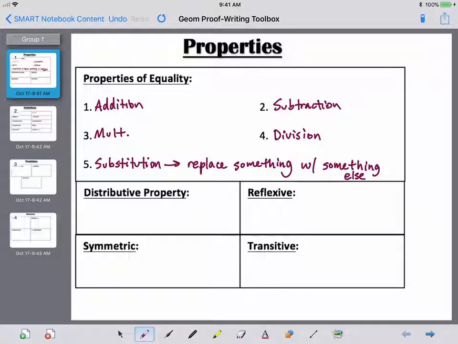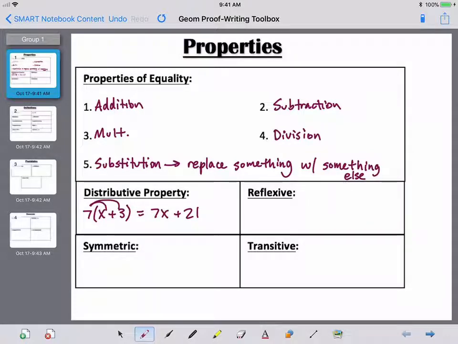So you're really just replacing one thing with another. We've seen the distributive property before, so just as a quick example, that would be something like 7 times x plus 3. Well, you can go ahead and distribute that 7 and get yourself to 7x plus 21.